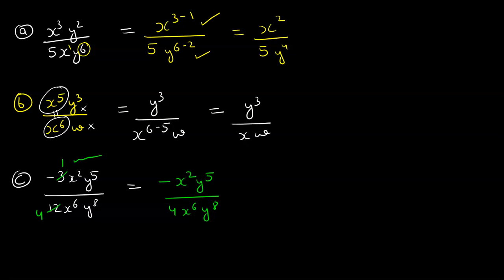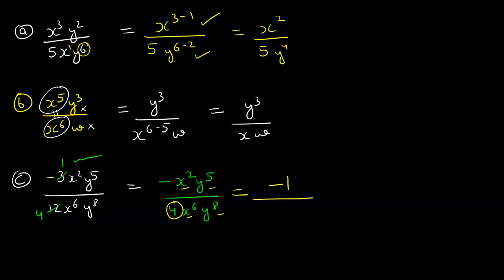Okay, let me change the color one more time. Now you can see we cannot simplify the numbers anymore, but we have x's and y's, so now we can do these, and they are both bigger in the denominator. So we leave only the negative sign. We simply write negative 1.